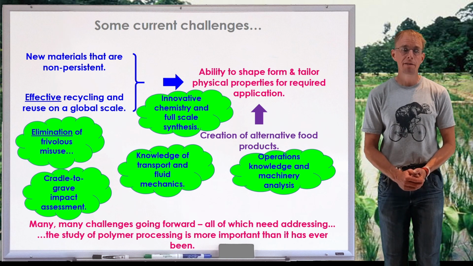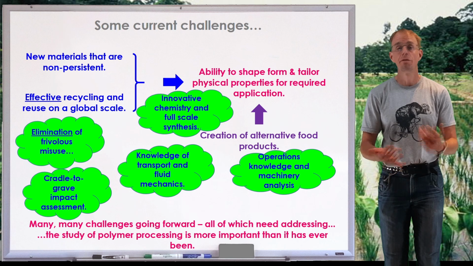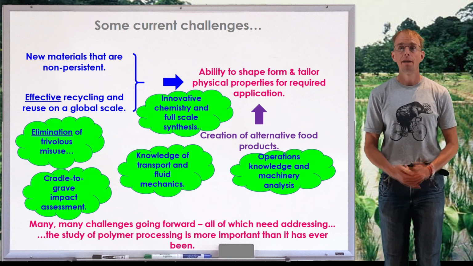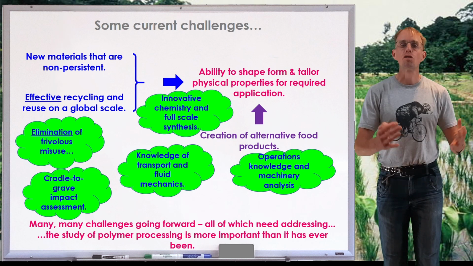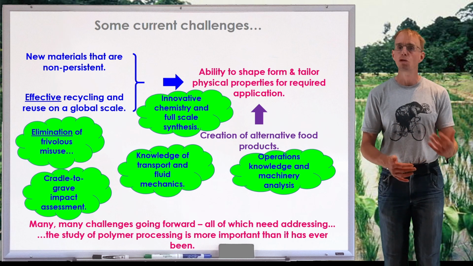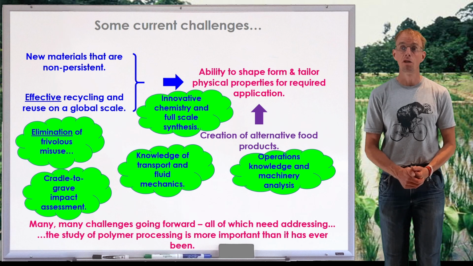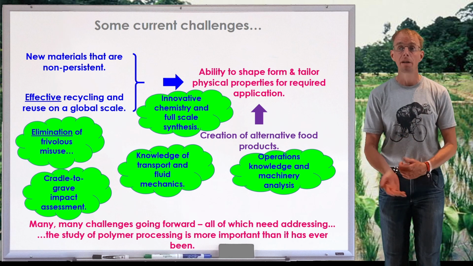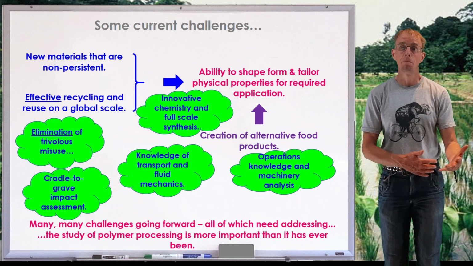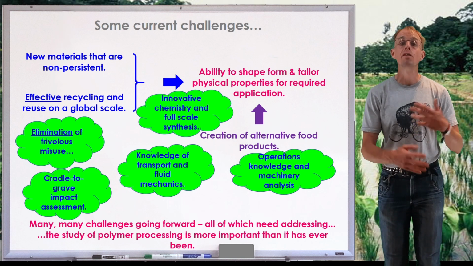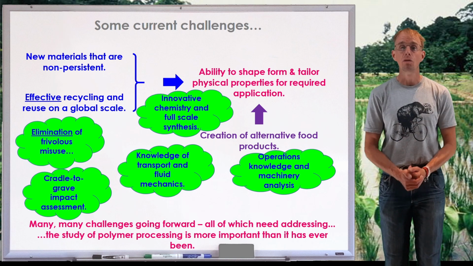Well, it needs, first of all, the elimination of frivolous misuse of these products. We're seeing some progress in this. We're seeing, for example, Christmas crackers not having plastic gimmicks that are used once and chucked away. Single-use plastics are, certainly in some countries in the Western world, being reduced or eliminated. Plastic bags, for example, are also being incentivized against single use.